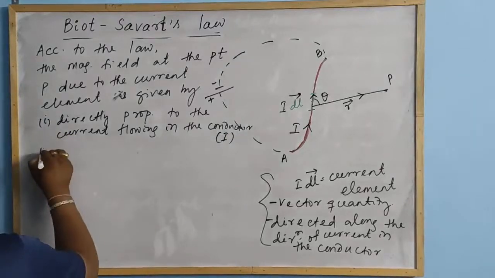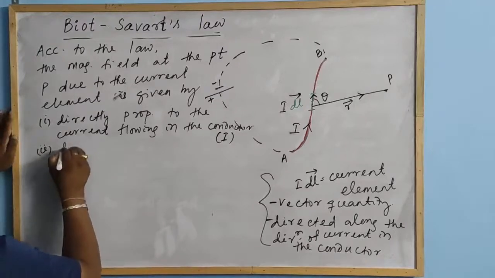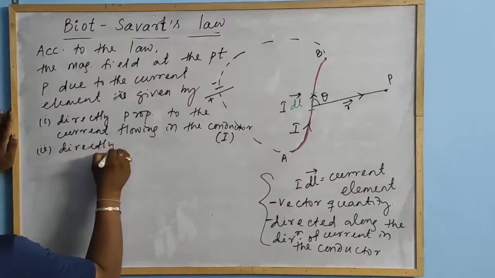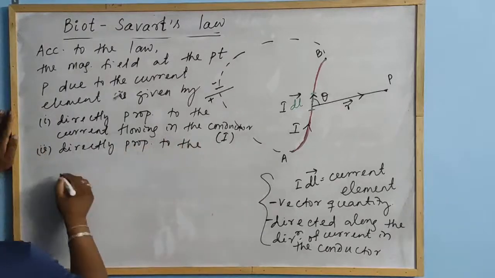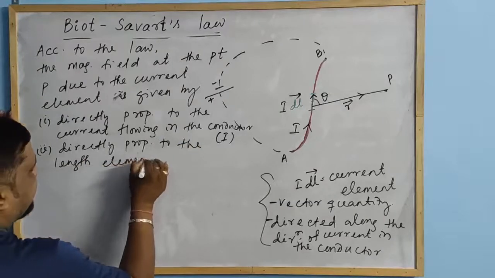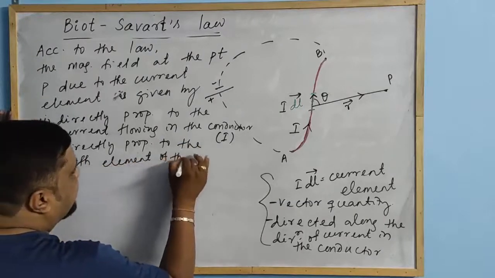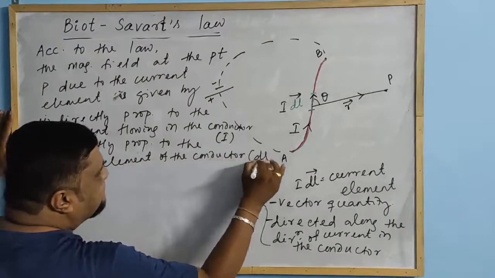Number 2, directly proportional to the length element of the conductor, that is dl.